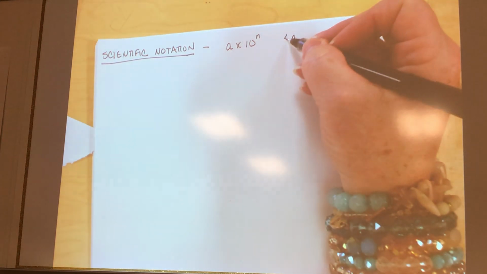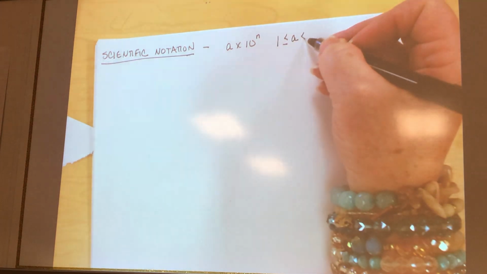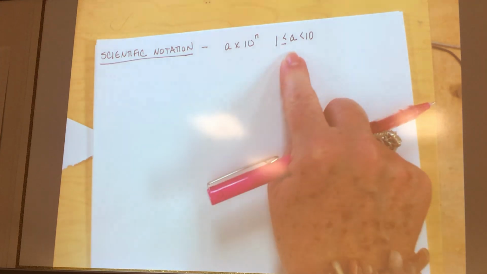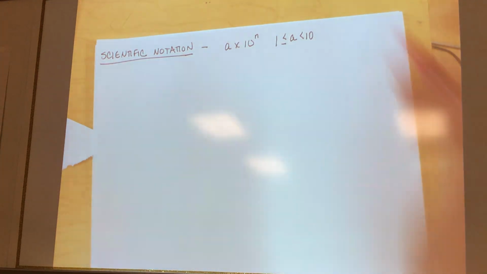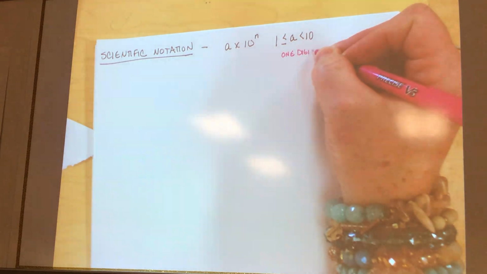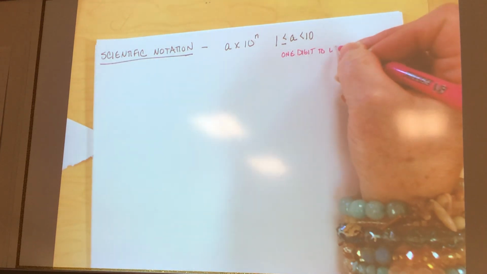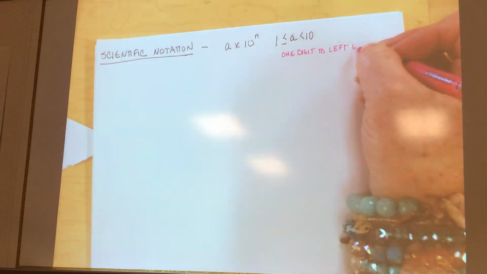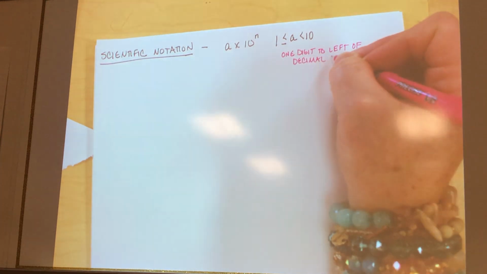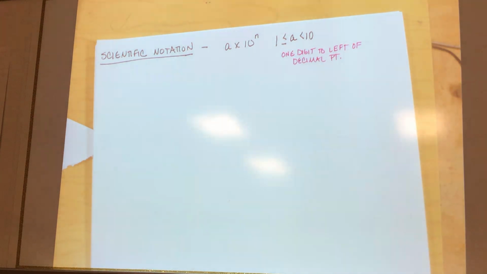It has to be greater than or equal to 1 and less than 10. Y'all, this is a mathematical technical way of saying I must have one digit to the left of the decimal point. One digit to the left of the decimal point.